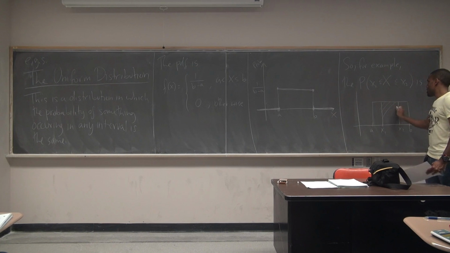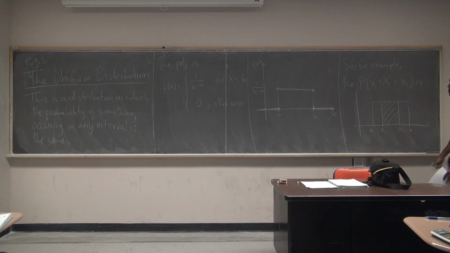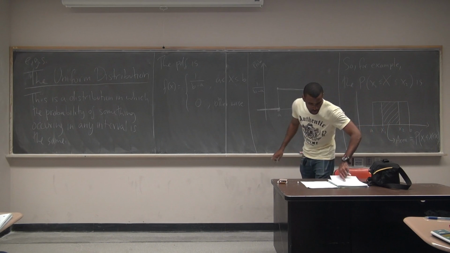I literally want the area under that curve. Uh-oh, I messed up my notes. Sorry. Area is equal to that probability. And it's just the rectangle, so length times height is how you do it.